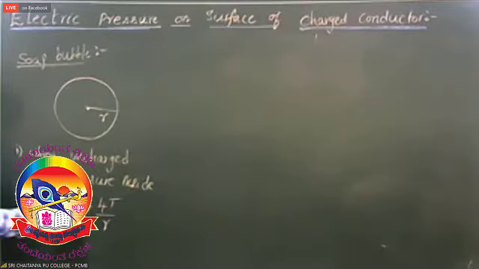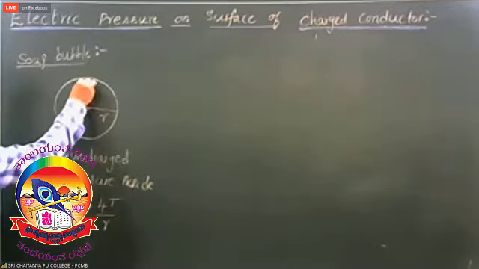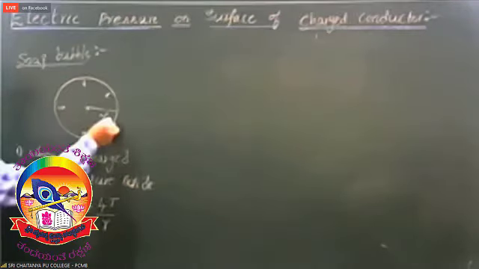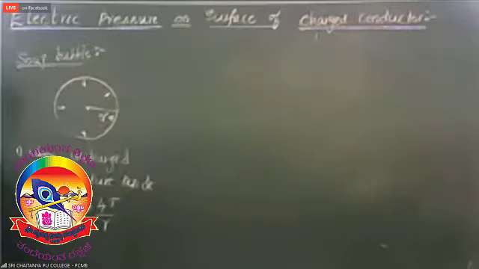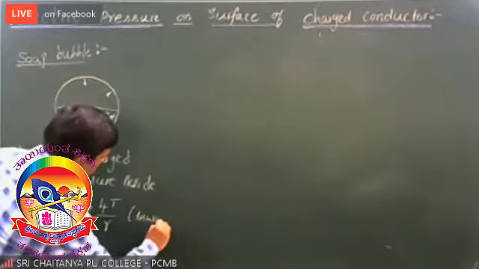Where P naught is atmospheric pressure, T is surface tension, R is radius. In what direction is that pressure? That pressure is due to surface tension, that is the inner pressure. It acts in this direction, inward.